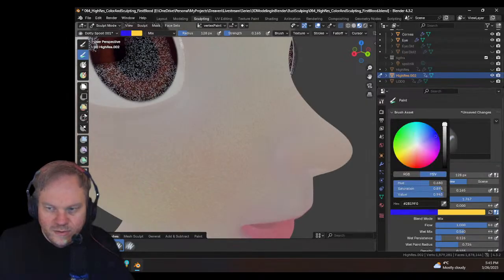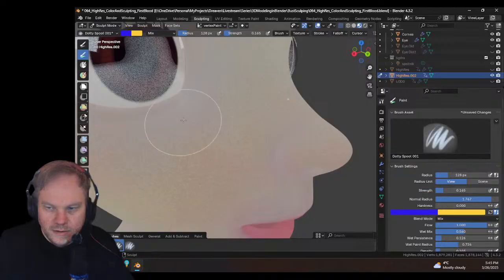It's a bit of a light bluish there. Yeah, it's the first.